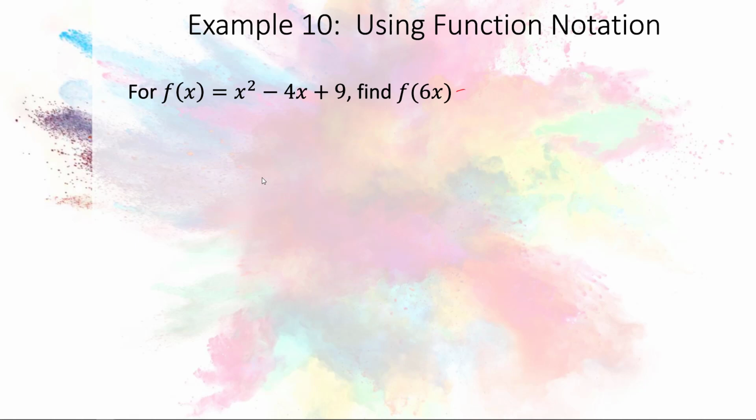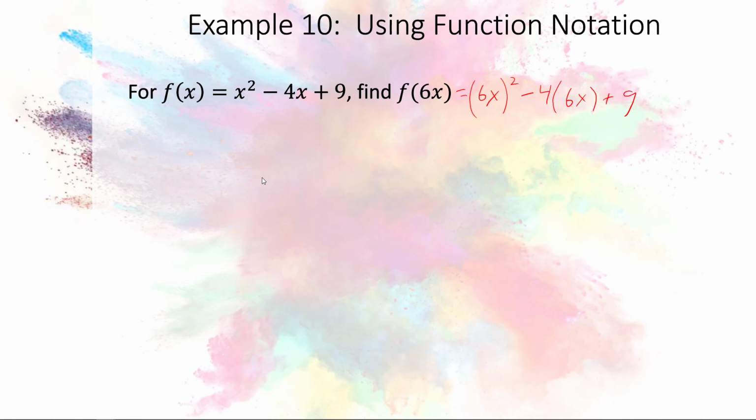Well, wherever we see an x, we replace it with 6x. So this will be equal to 6x squared minus 4 times, instead of x, 6x, plus 9.